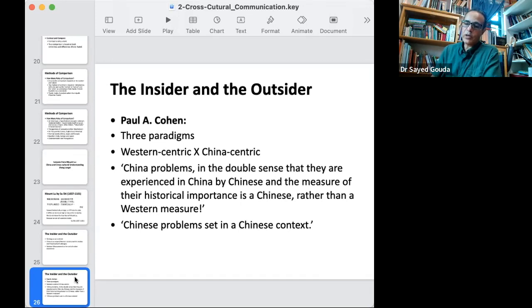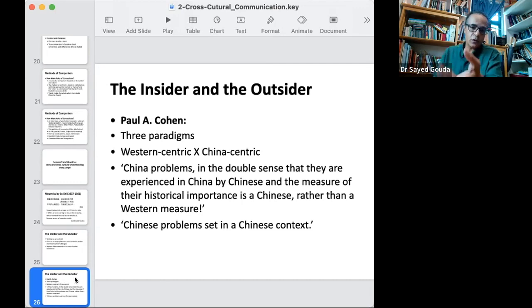So what he did was divide the recent Chinese history into three paradigms. One is from 1860, let's say from the Opium War, until 1911. In that first phase, China was very weak and received Western influence.